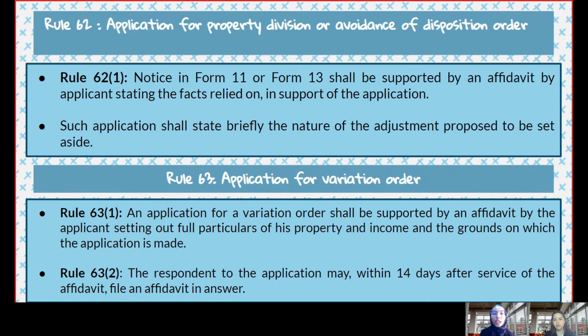In this rule, an application for a variation order shall be supported by an affidavit by the applicant setting out full particulars of his property and income and the grounds on which the application is made. Under Rule 63, Paragraph 2, the respondent to the application may, within 14 days after service of the affidavit, file an affidavit in answer.